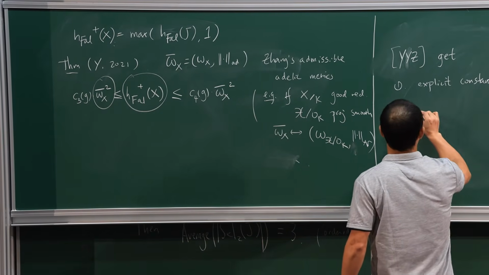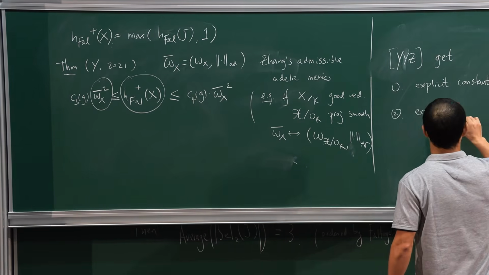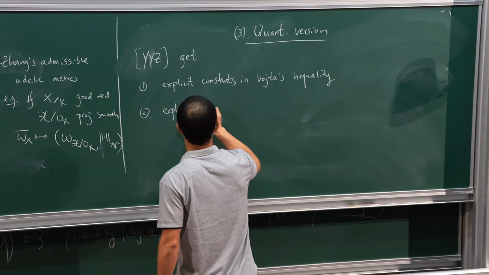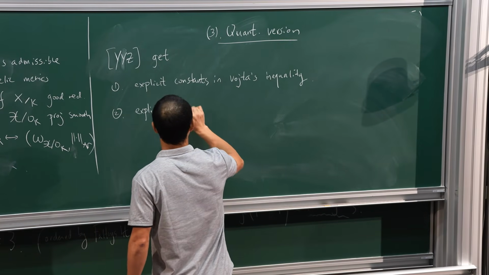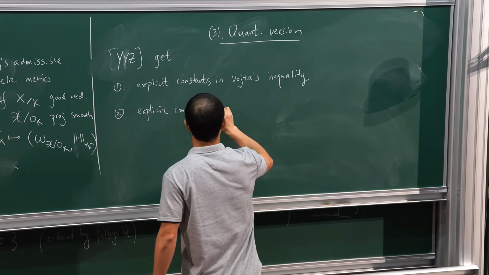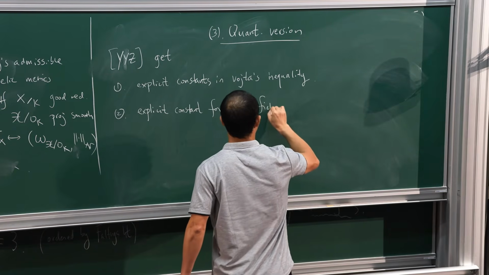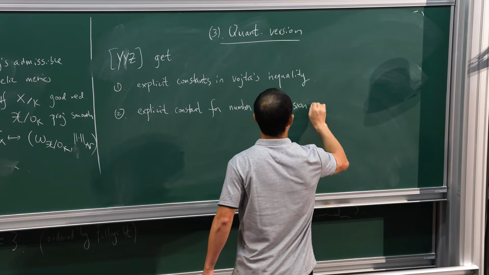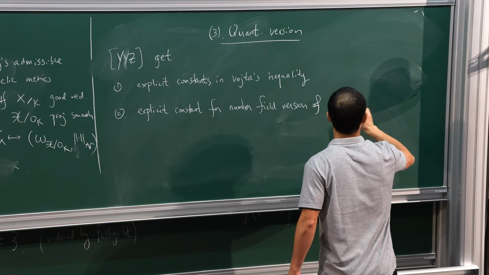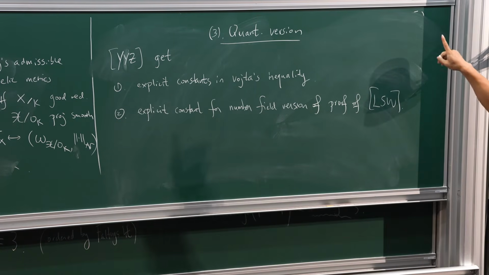And then also an explicit constant for the number field version of the proof of LSW. So this is the third proof.